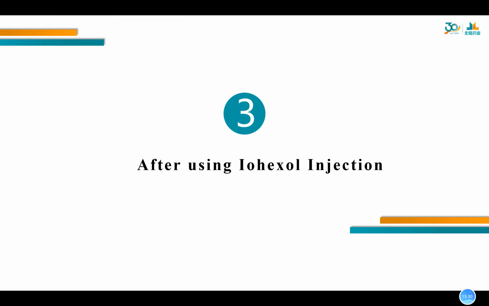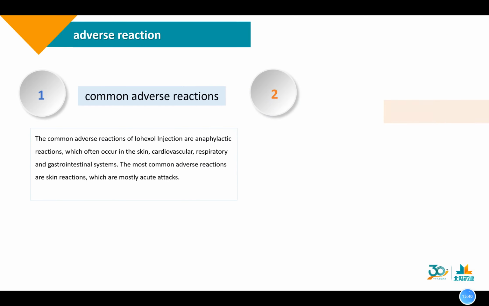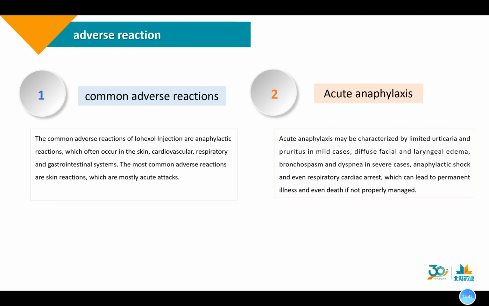Let's introduce the third part, after using Iohexol injection. The common adverse reactions of Iohexol injection are anaphylactic reactions, which often occur in the skin, cardiovascular, respiratory, and gastrointestinal systems. Among them, the most common adverse reactions are skin reactions, which are mostly acute attacks.